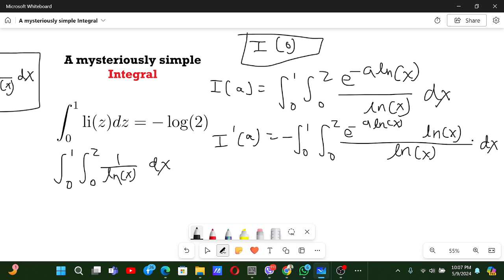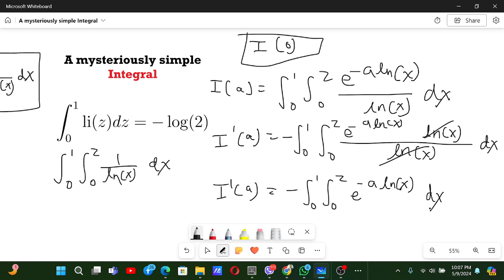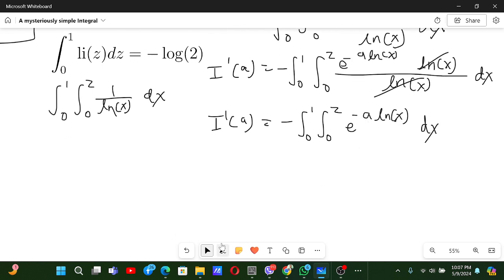Now the ln of x cancel each other out, so we just have I dash of a as negative of the integral from 0 to 1, integral from 0 to z of e to the power minus a ln of x dx. Now it has simplified because we don't have the denominator ln of x anymore.